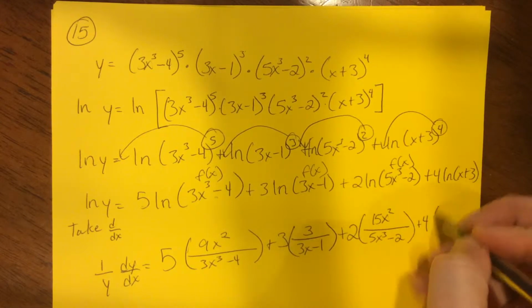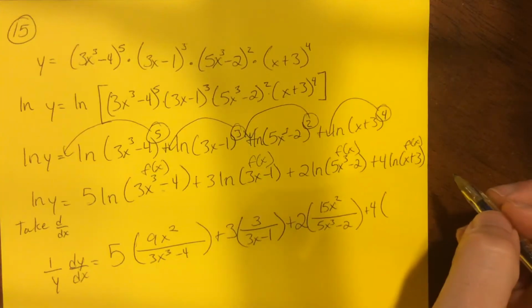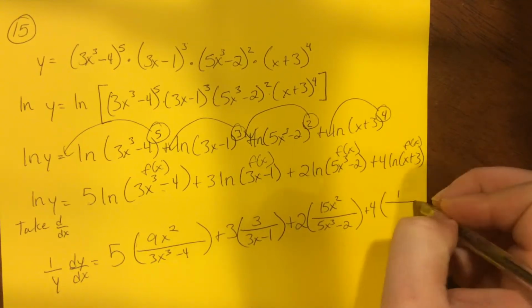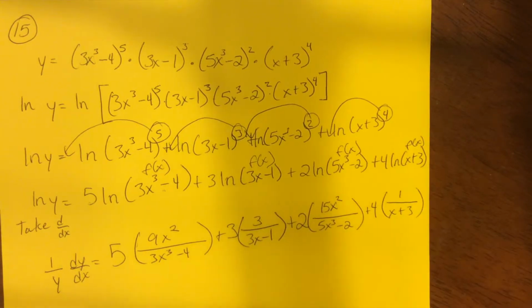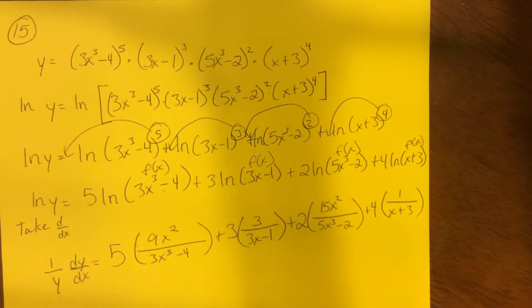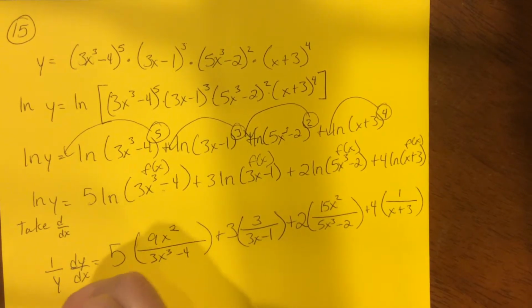Plus 4 times the derivative of this function, which would just come out to be 1, divided by the original function, so x plus 3. Now we're going to multiply our entire tops, so like 5 times 9.